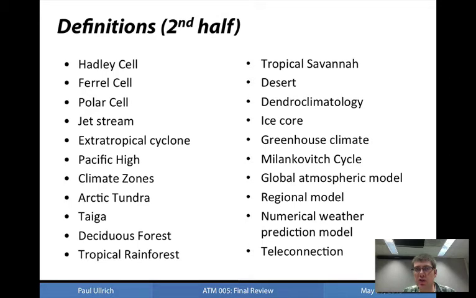Ice cores are extracted primarily from Antarctica, and one of the key ice core sites is the Vostok ice core site. These ice cores are extracted and provide significant detail on atmospheric composition and surface temperatures at various times throughout the Earth's record.